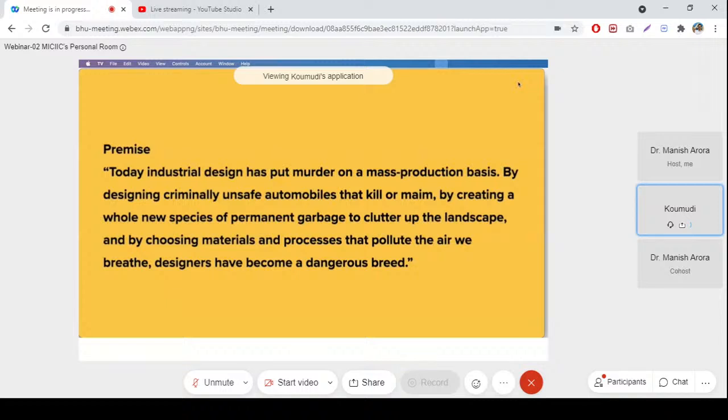That they've created a whole new species of permanent garbage to clutter up the landscape, for example, the packaging that we design. Or by choosing materials and processes that pollute the air we breathe. He puts the blame on the designers and calls them a dangerous breed.